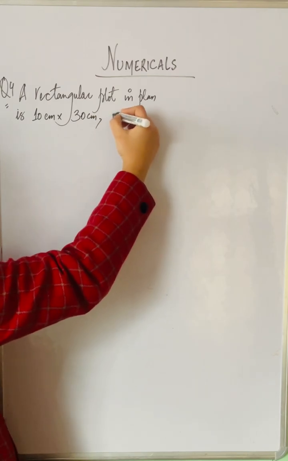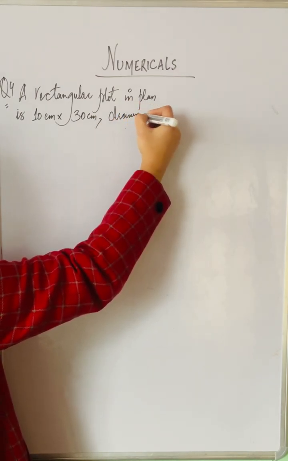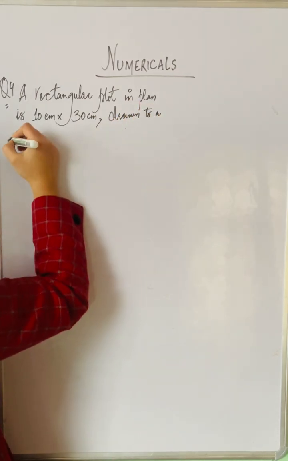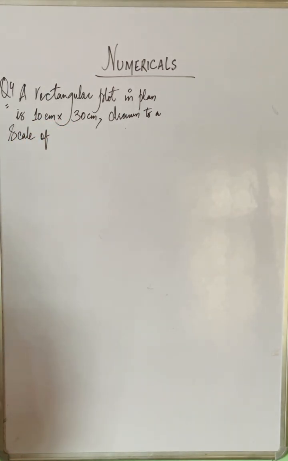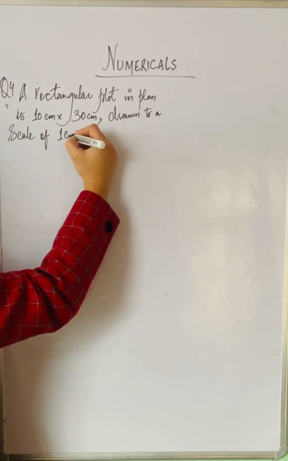Drawn to a scale of 1 centimeter is equal to 100 meters.